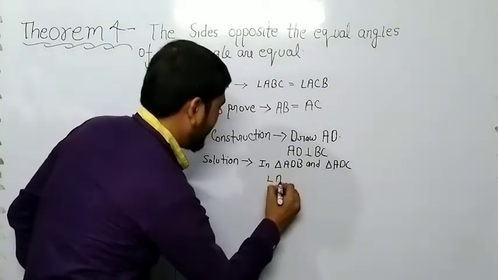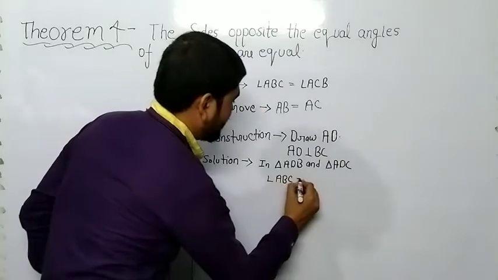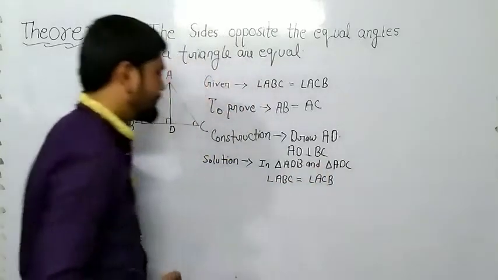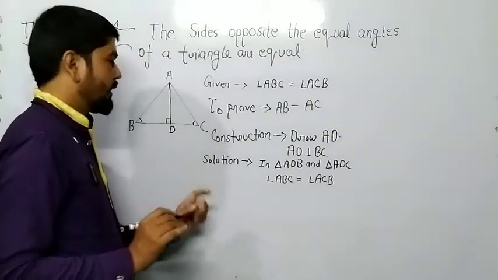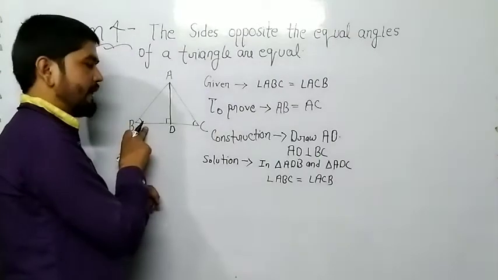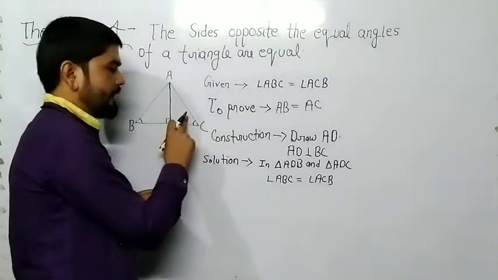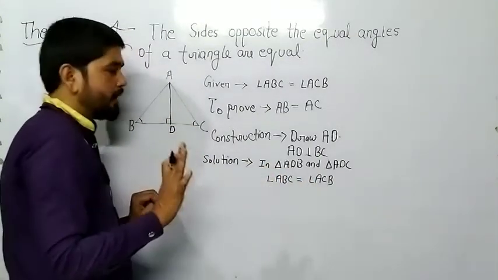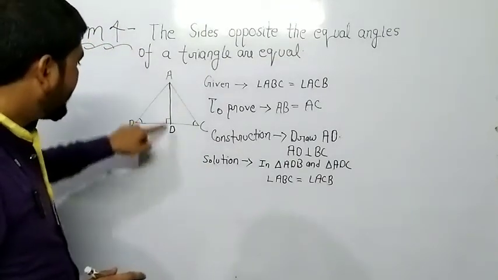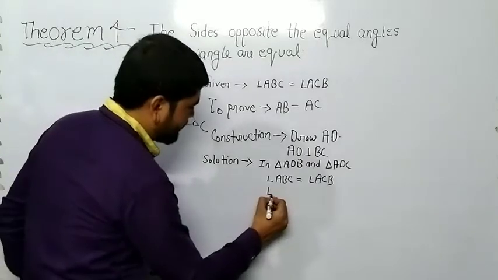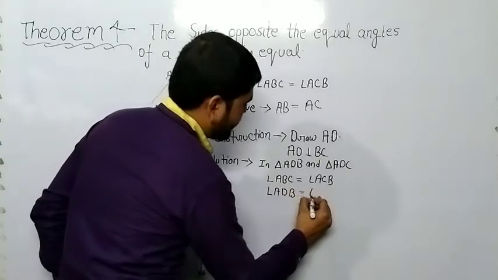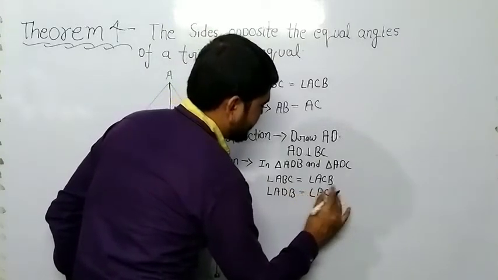Angle ABC is equal to angle ACB, because angle ABC lies in triangle ADB and angle ACB lies in triangle ACD. Okay guys, so the second property: angle ADB is equal to angle ADC.